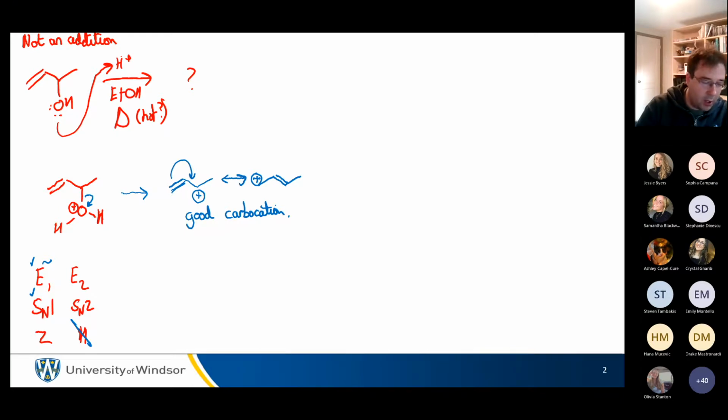Anyways, we've got a good carbocation. We have a small nucleophile. We have a small unhindered electrophile. The SN1 is looking good. The SN1 would react at the center with the most positive charge, which will be the secondary, not the primary. So you look at both resonance structures.